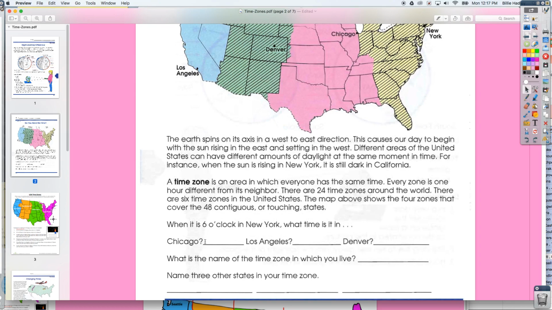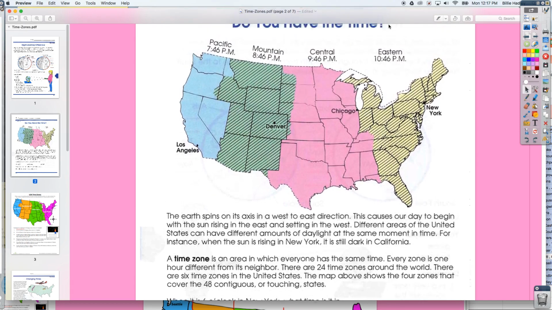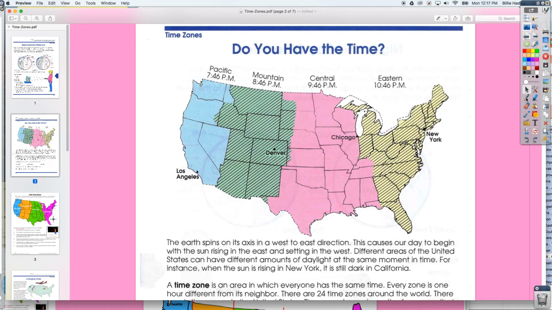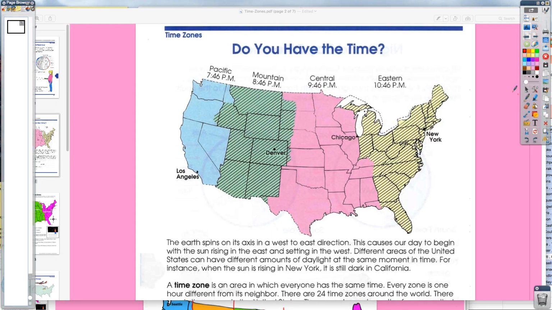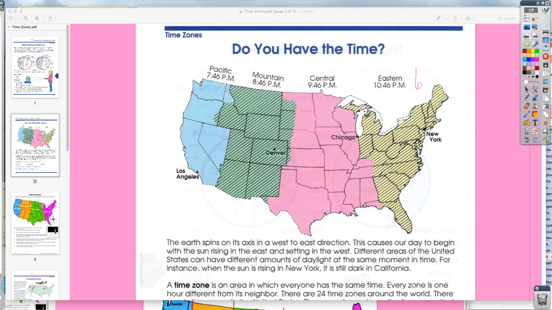The first question says, when it's 6 o'clock in New York, what time is it in Chicago, Los Angeles, and Denver? So if it's 6 o'clock in New York, let's put a 6 here. Basically, as you go west, you lose an hour. So if it's 6 here, in the next time zone I've just lost 1 hour.